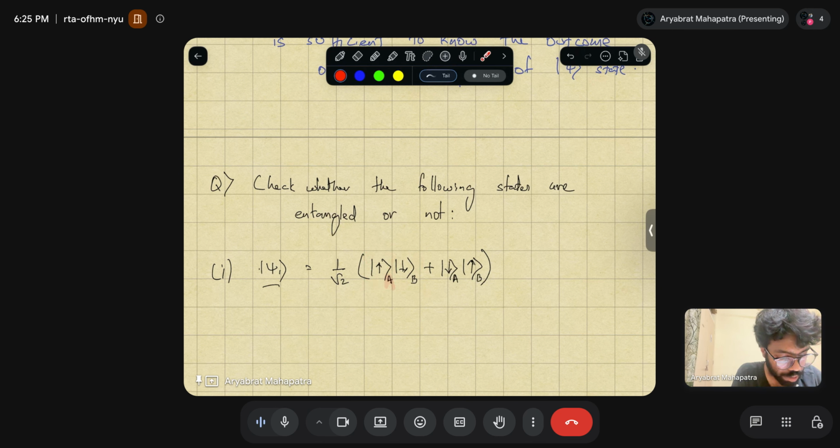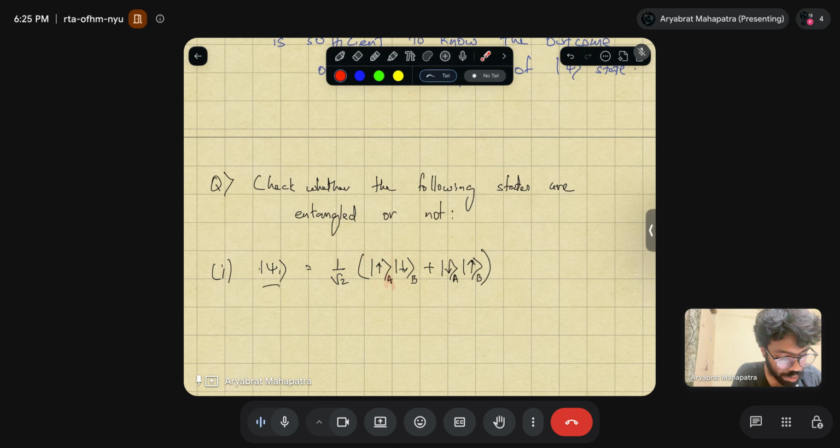Whenever we denote a composite system in a linear combination, we can consider the first state as belonging to Alice's qubit, and this corresponds to Bob's qubit.